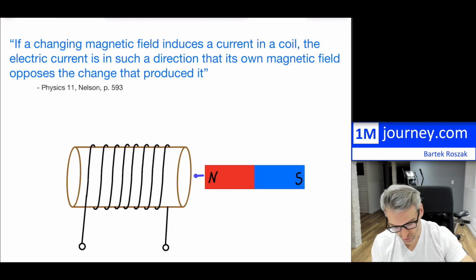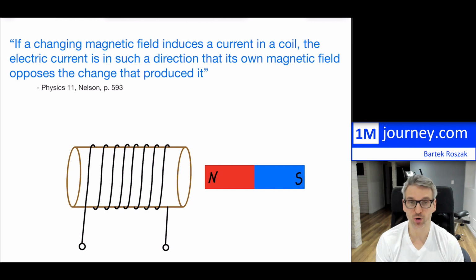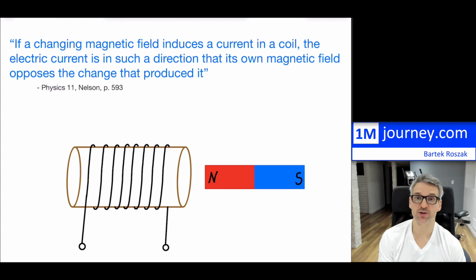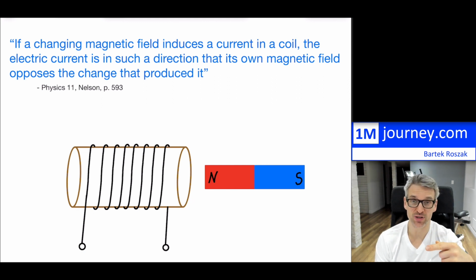So if you're now moving this through the coils, then what Lenz has observed is that the current in this particular wire should flow in such a way that when it itself flows, it induces, so this is basically like a solenoid, a magnetic field which will oppose the change. It will always want to do the opposition.